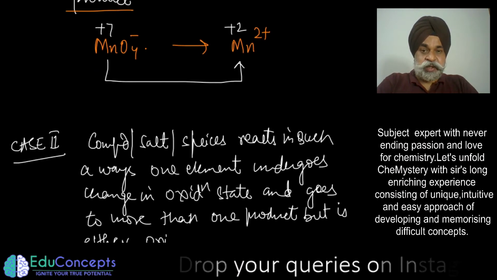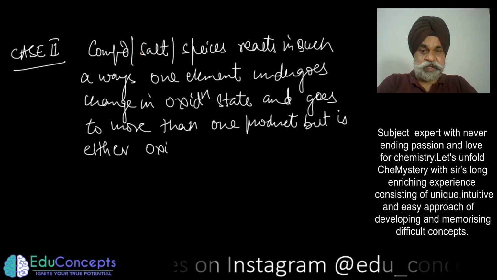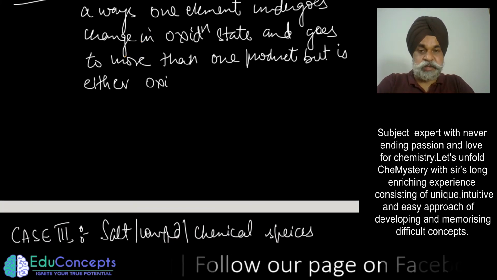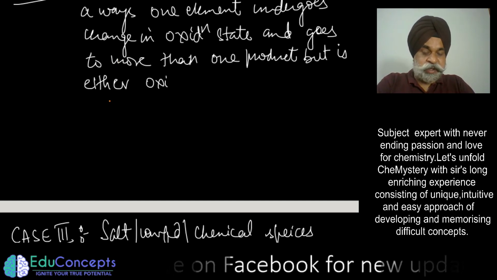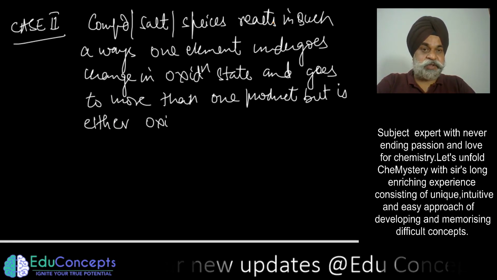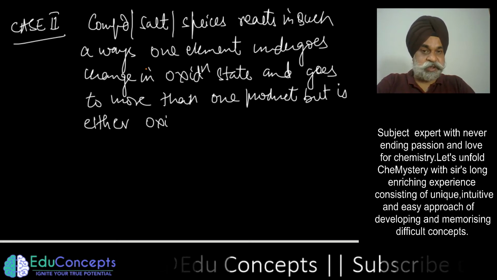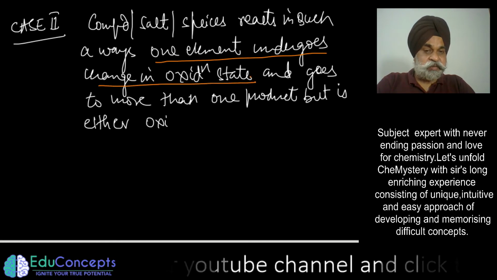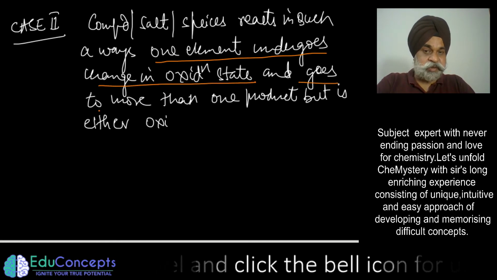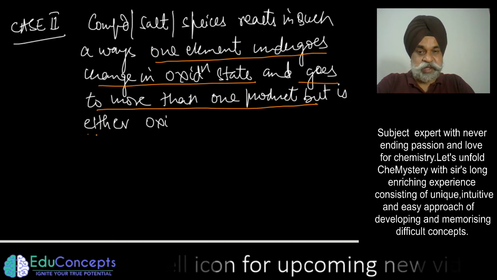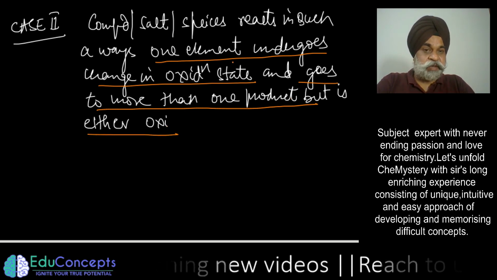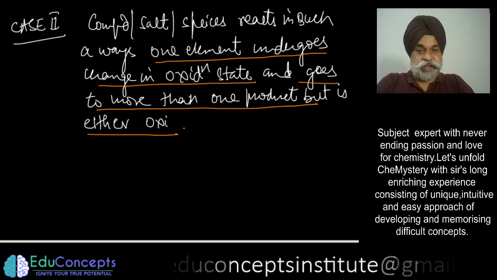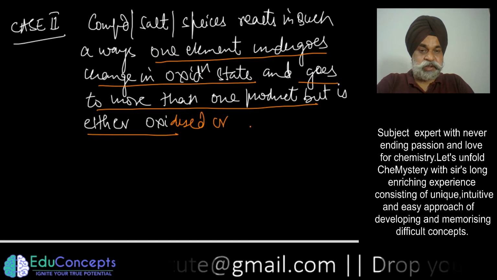And at the end of this series on n factor, we shall be doing a lot of problems which will consider all these cases. The second case we did last time was compounds which react in such a manner that one element undergoes change in oxidation state but goes to more than one product, and is either oxidized or reduced.